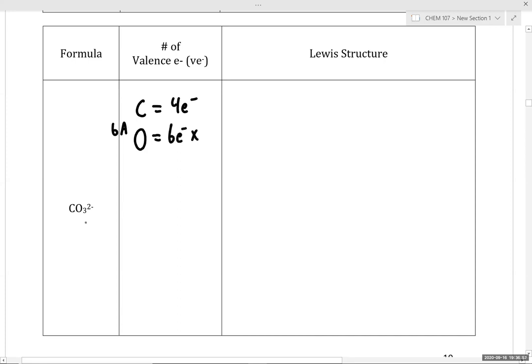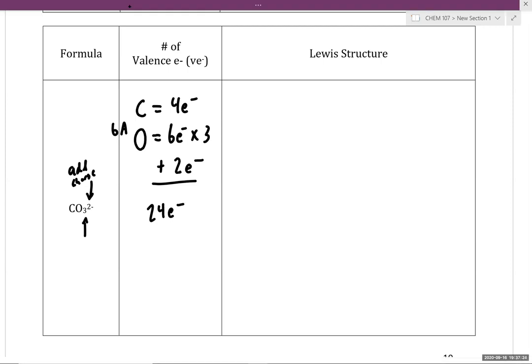And how many oxygens do we have? 3 or 18? Yep. And then because we have an anion, we have to add the charge. So what we're going to do is add 2 electrons to our total because the anion indicates we have 2 extra electrons. That gives us 24 electrons in total.